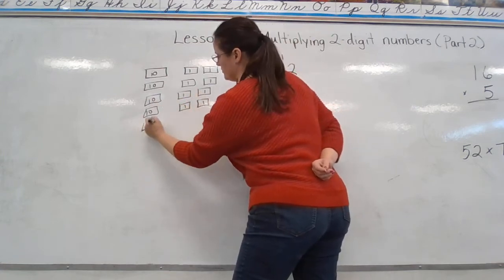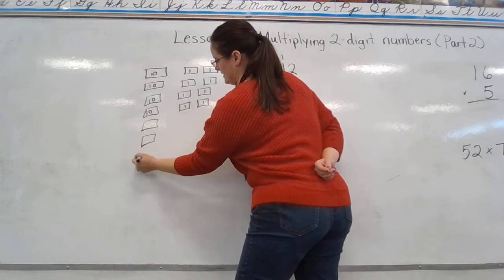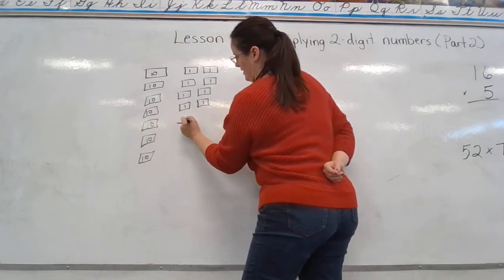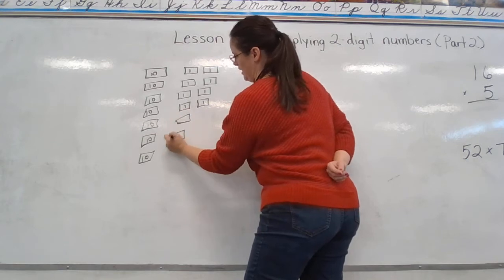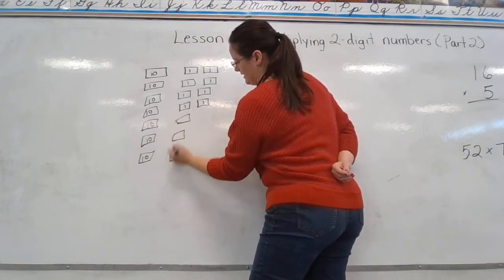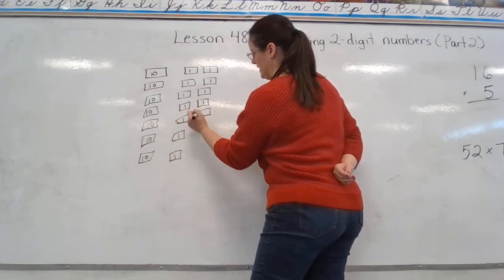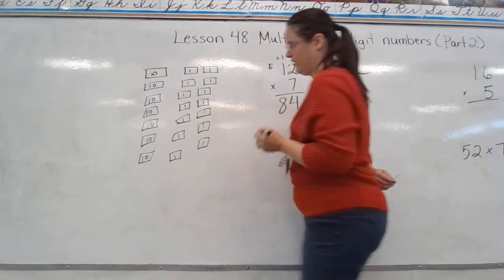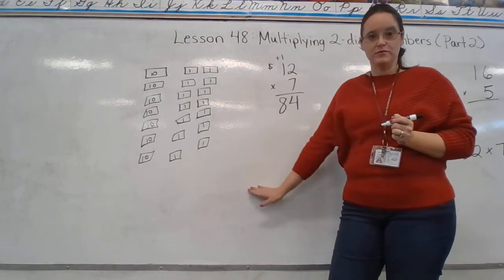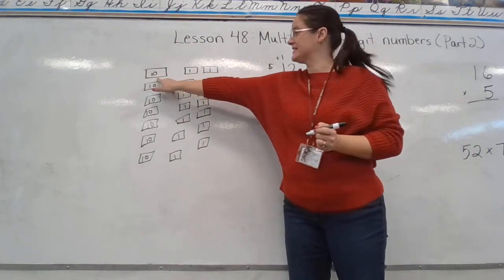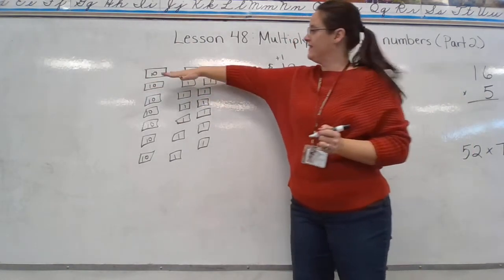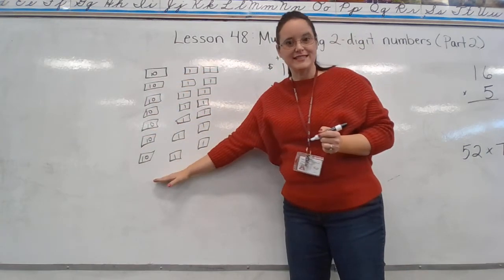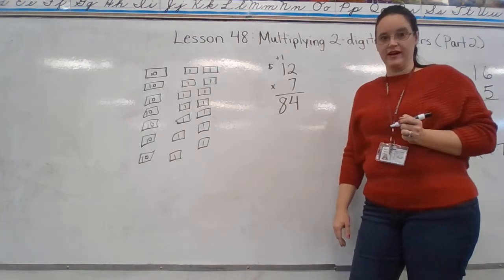So 4 groups, 5, 6, 7, all tens. My dollar bills are getting a little funny looking as I'm trying to do this quickly. Okay, so here's my 7 groups of 12. See, I have 12 across, 10, 11, 12. And then I have 1, 2, 3, 4, 5, 6, 7 groups of 12.